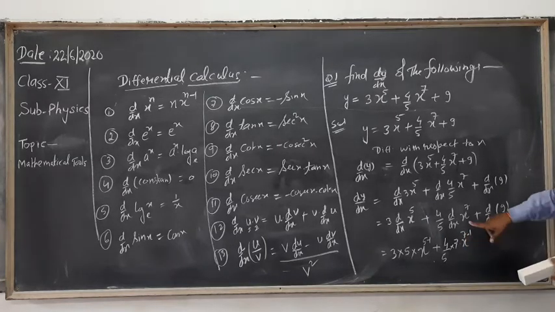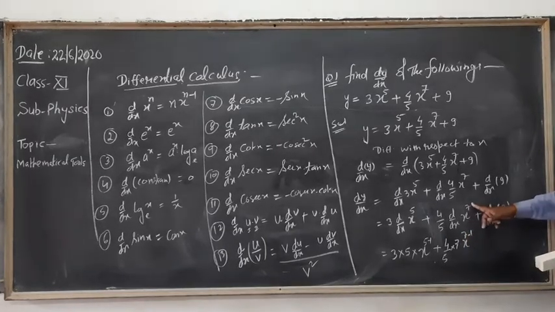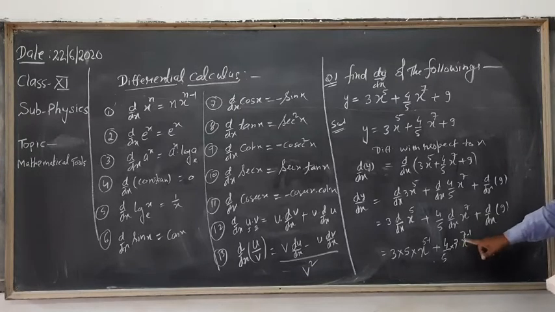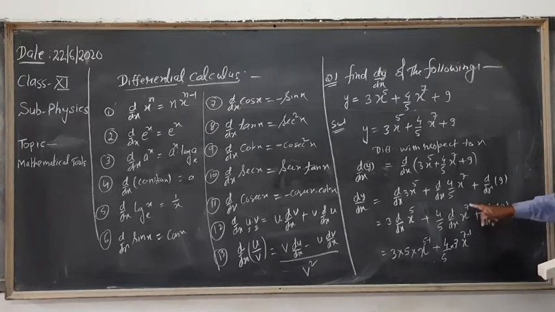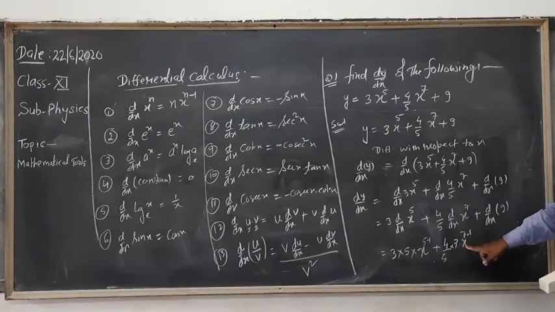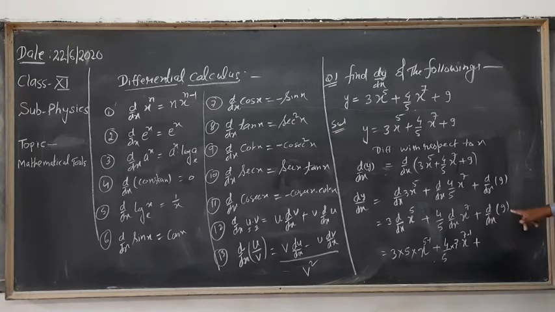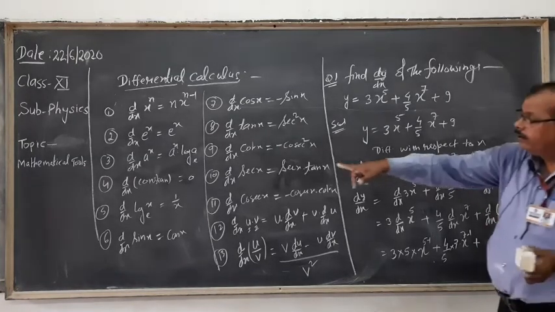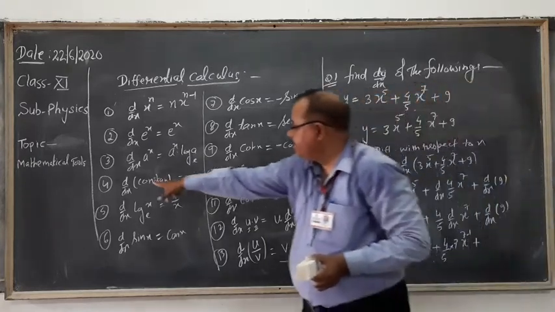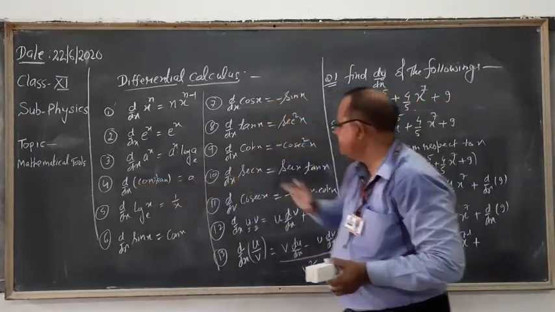Same formula, d by dx of x to the power n is n x to the power n minus 1, n is 7. So, it is 7 into x to the power 7 minus 1, and d upon dx of 9 is a constant, and you know the differentiation of a constant is 0.